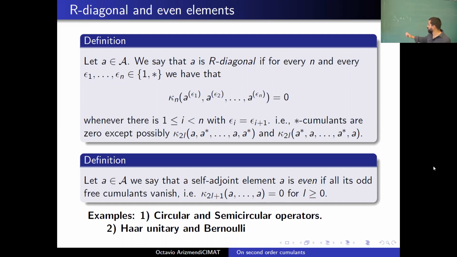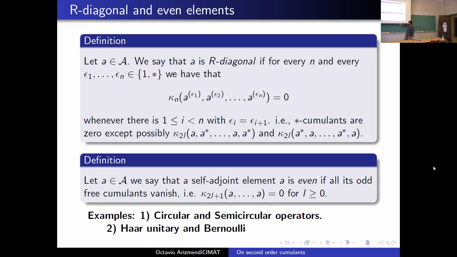If you want to calculate the distribution of this, I will look at more general R-diagonal elements, which is the paper of Haagerup and Larsen. I don't know if this is pronounced correctly. And all these distributions are actually symmetric, rotationally invariant. So these are very nice operators.